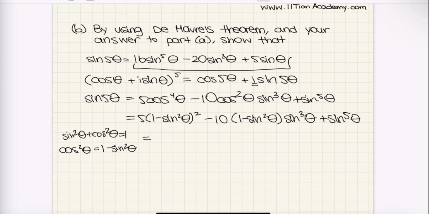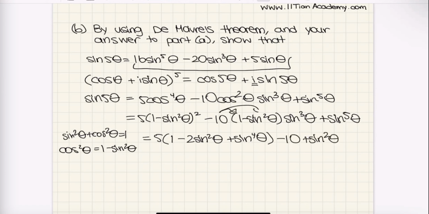Now I'm going to expand the bracket, so we're going to get 5 times 1 minus 2 sine squared theta plus sine to the power of 4 theta, minus 10 times 1 minus sine squared theta, when I expand these brackets, and then just sine cubed theta plus sine to the power of 5 theta.